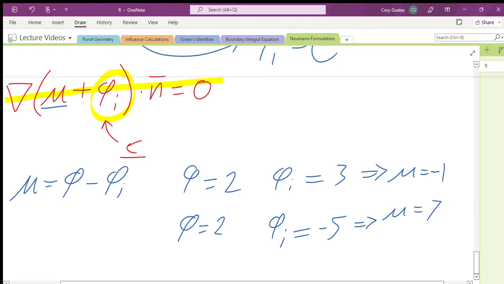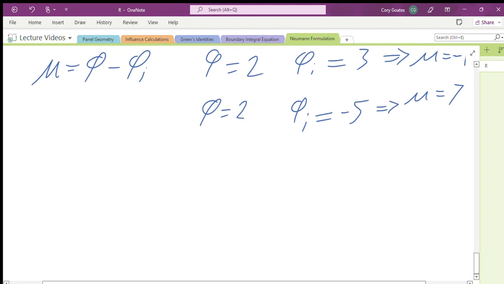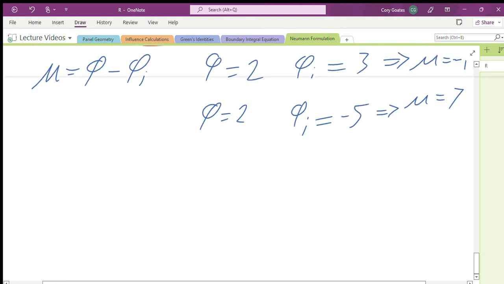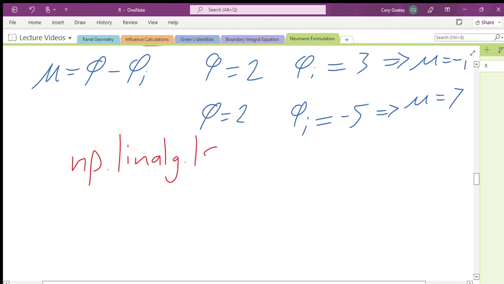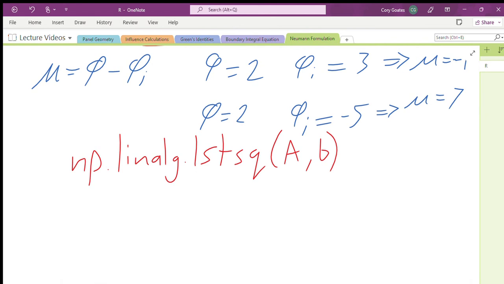In your code, what you can go ahead and just use is numpy.linalg.lstsq of A, B. And lstsq stands for least squares. And what that will do is it will pick the doublet strength vector that solves that equation with minimum magnitude.